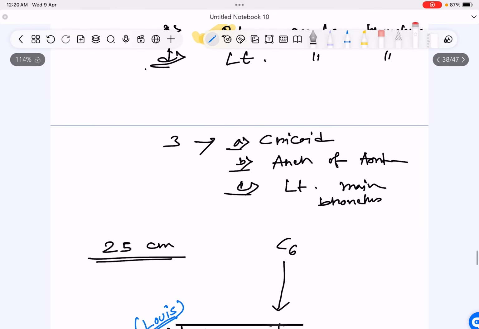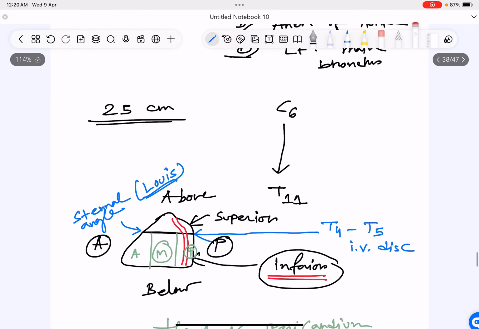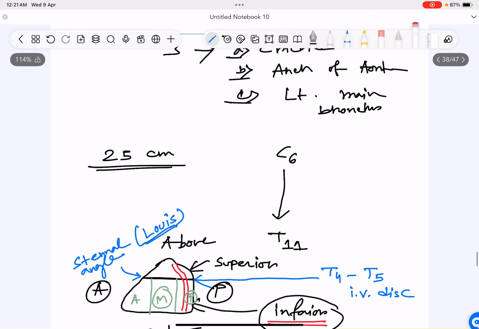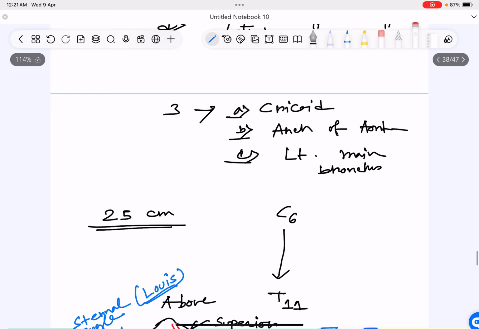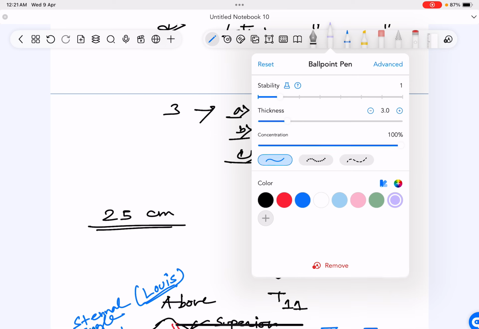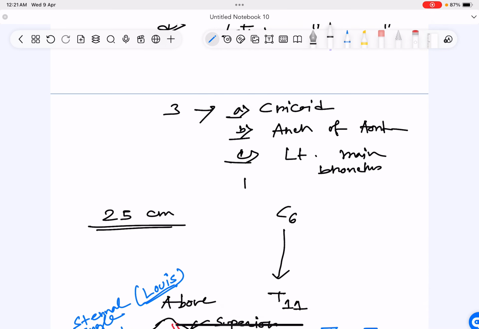The last is the diaphragmatic hiatus, the opening in the diaphragm through which the esophagus enters. That is the fourth constriction.